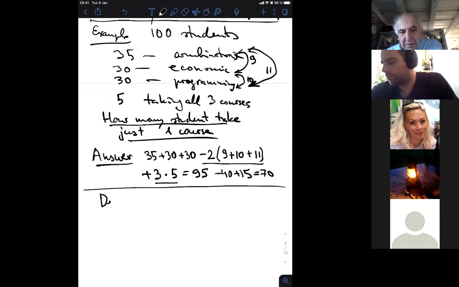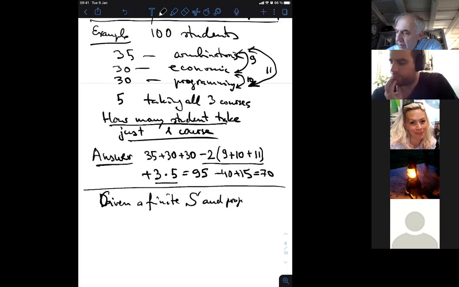Okay, so we're given a finite set S and properties C1 through Cn.